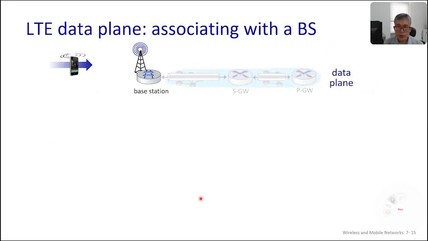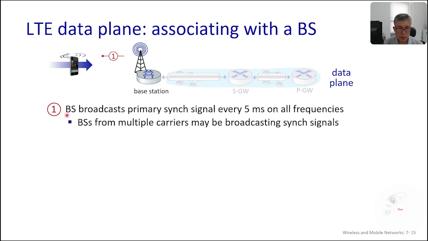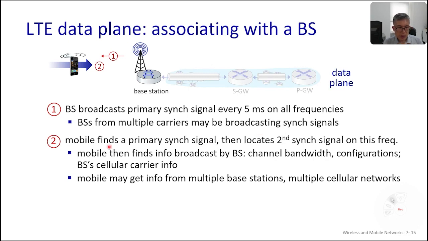Associating with a base station: once a mobile device comes into the communication range of a base station, the base station broadcasts a primary synchronization signal every 5 milliseconds on four frequencies, and multiple base stations from multiple carriers may be broadcasting sync signals. A mobile device finds a primary sync signal, then locates a second sync signal on this frequency.